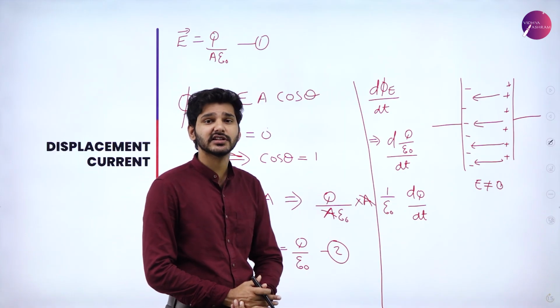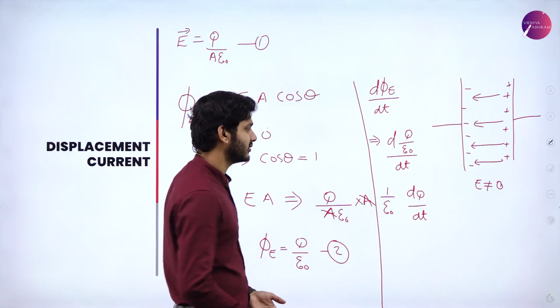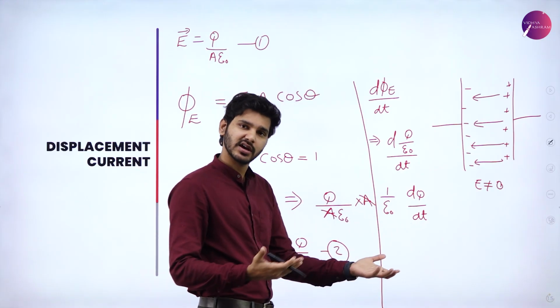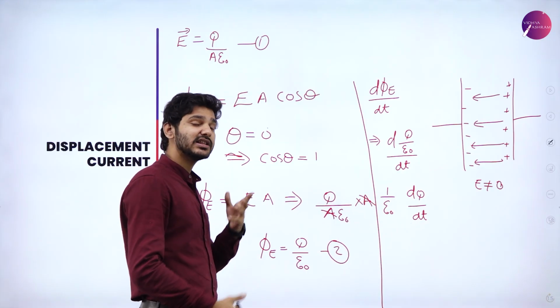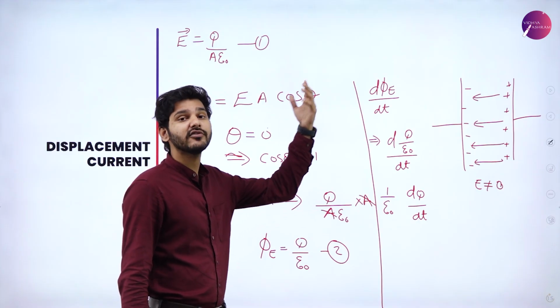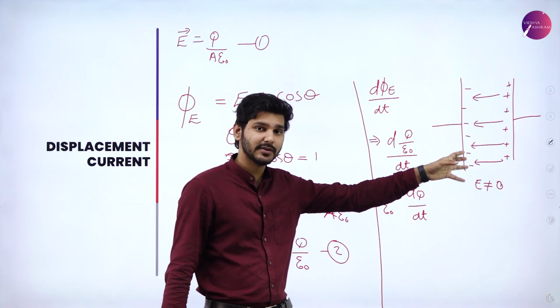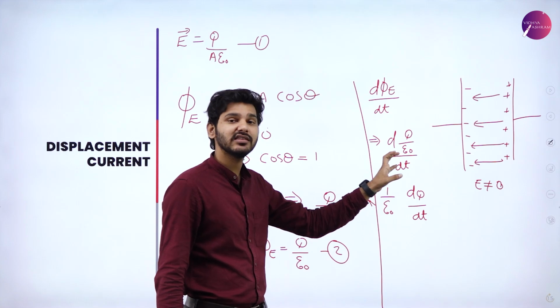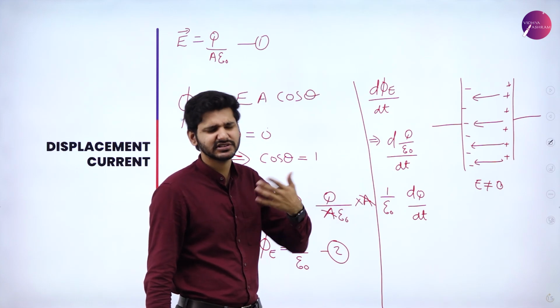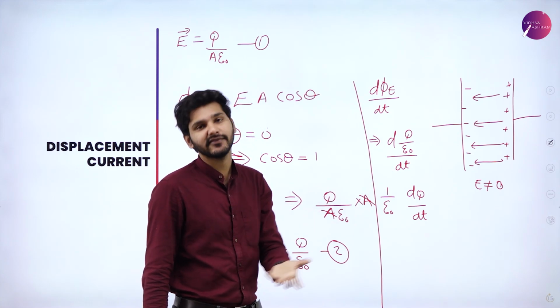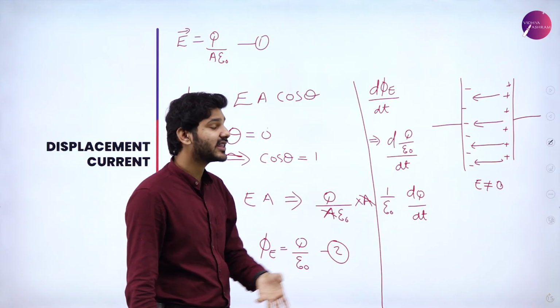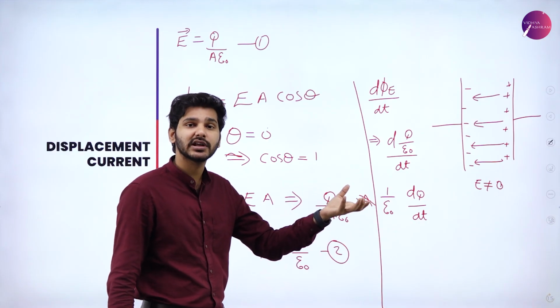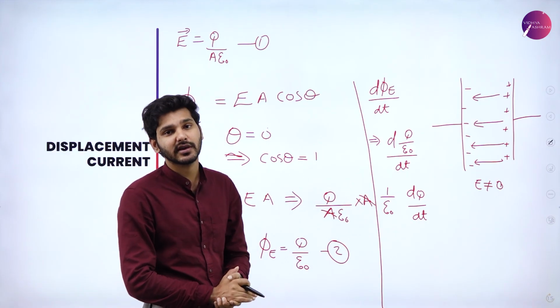So dq by dt is nothing but current. That is, the flow of charges is known as current, right? It is not actually the conventional flow of charges that is producing the current here, but rather a change in the electrical flux, or simply time varying electrical fields are producing the electric current that is observed in this particular case if you use a capacitor.